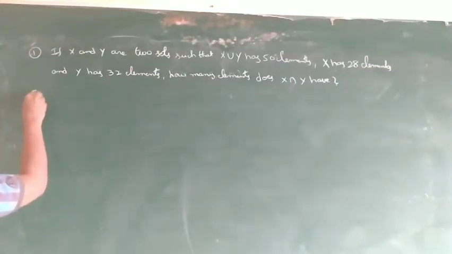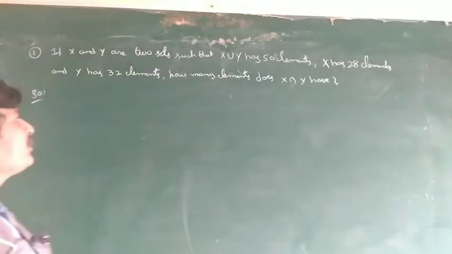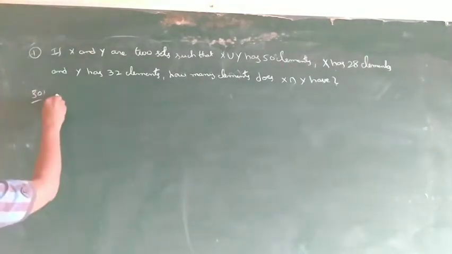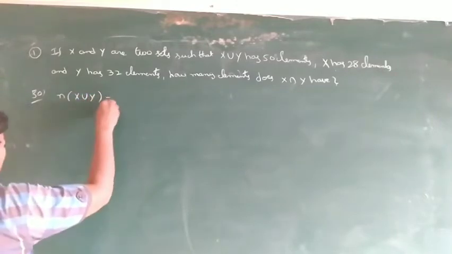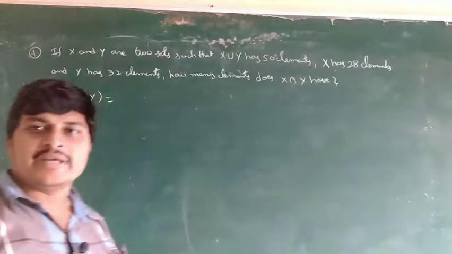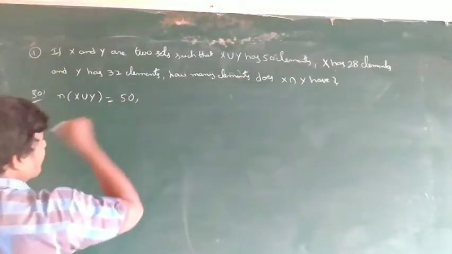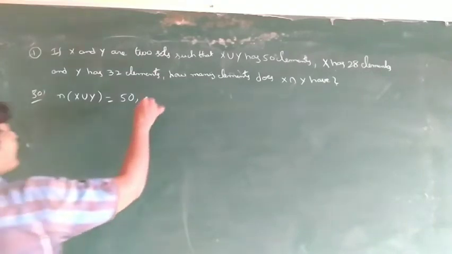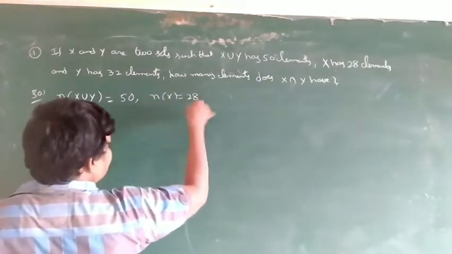So X union Y has how many elements? 50 elements. So the number of elements in X union Y, n of X union Y, is 50. The number of elements in X, n of X, is equal to 28.